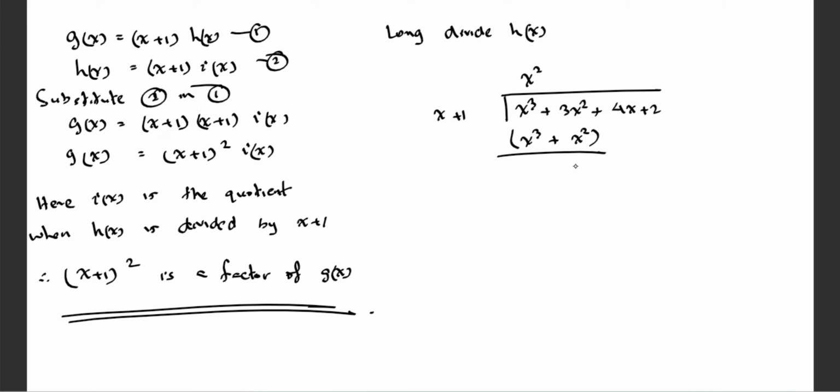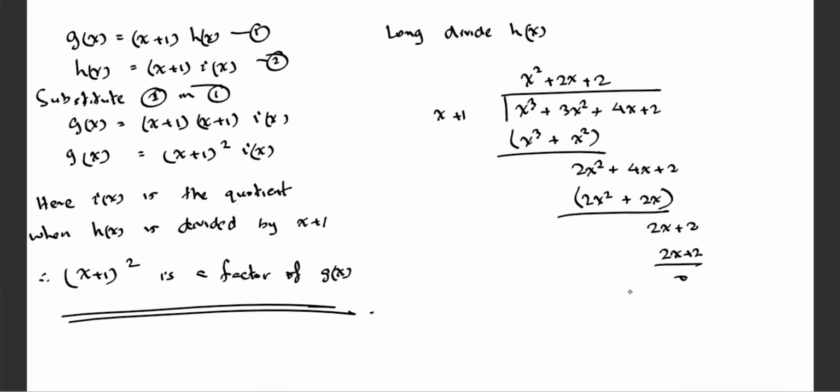This and this cancel off. Here this will become 2x squared plus 4x plus 2. Here you have 2x squared plus 2x. This and this cancel off. This becomes 2x plus 2. Here you will have 2, so 2x plus 2. So basically you have ix equals x squared plus 2x plus 2.